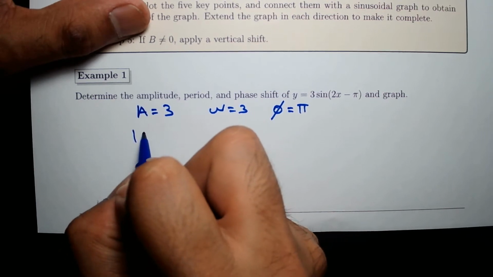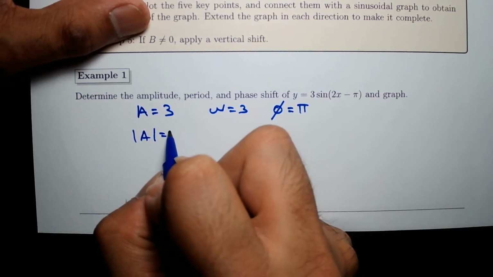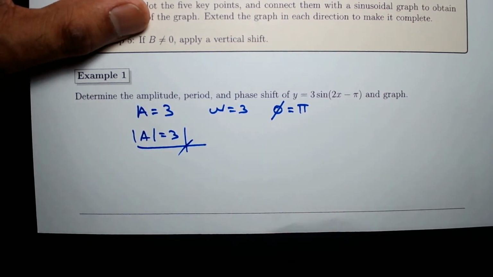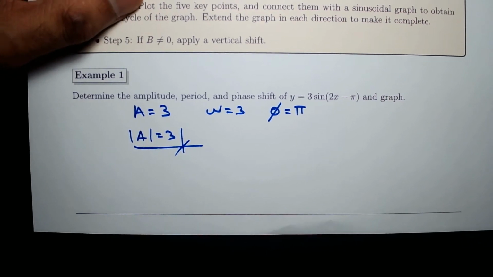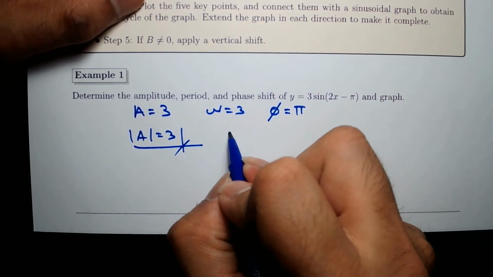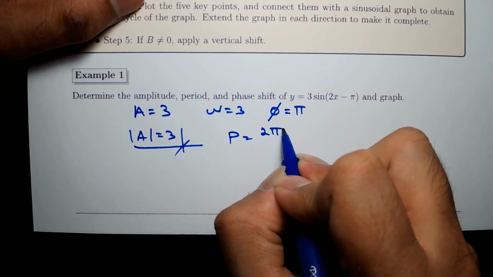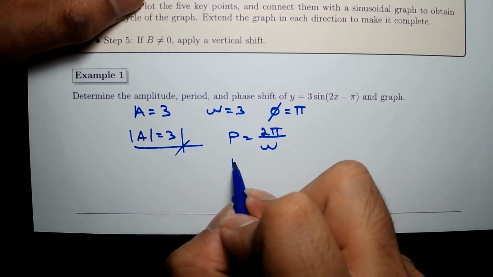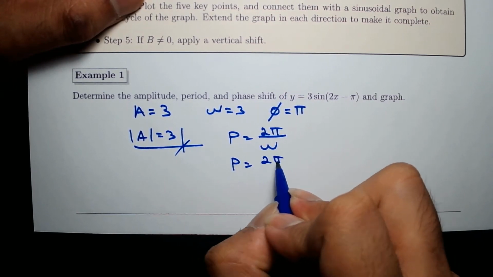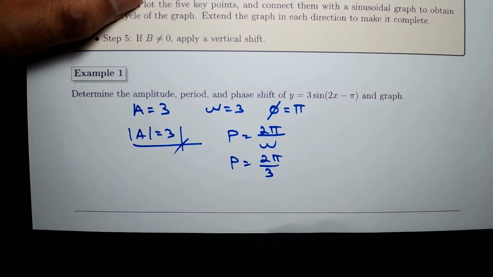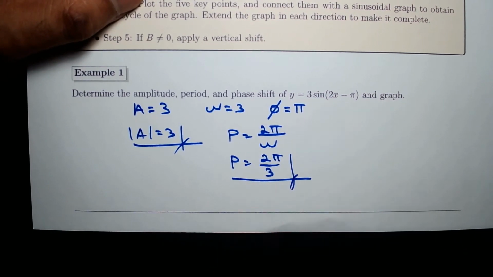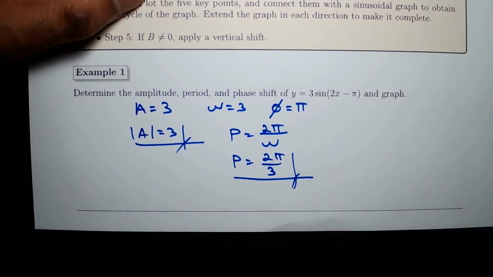The amplitude, which is the absolute value of a, is 3. And the period, which is 2 pi over omega, is 2 pi over 3. That means the graph will complete one cycle every 2 pi over 3 units.